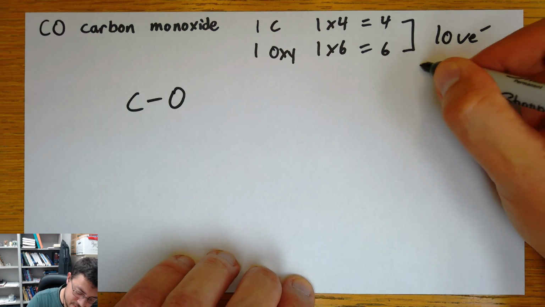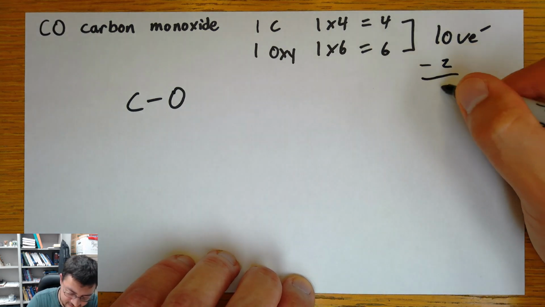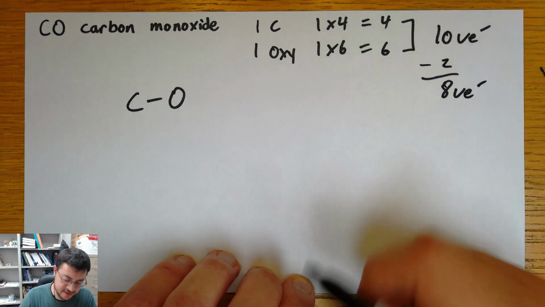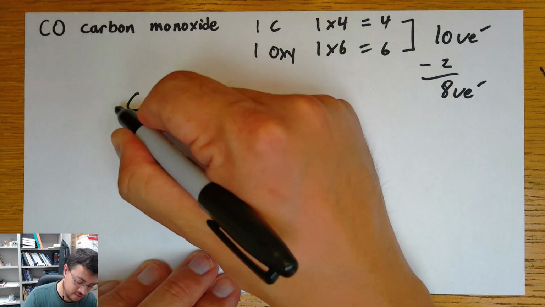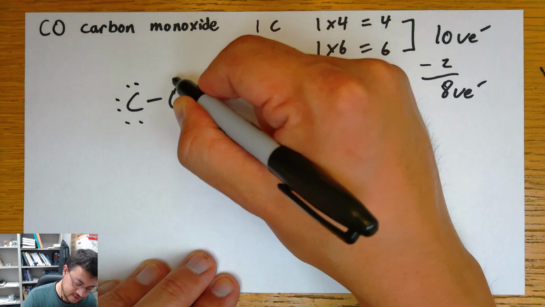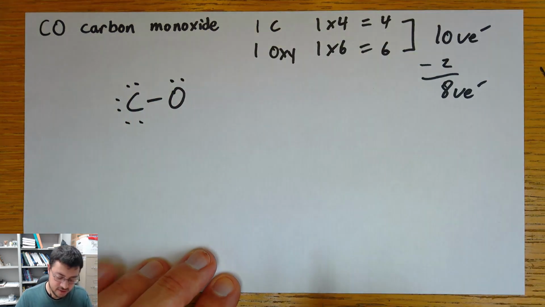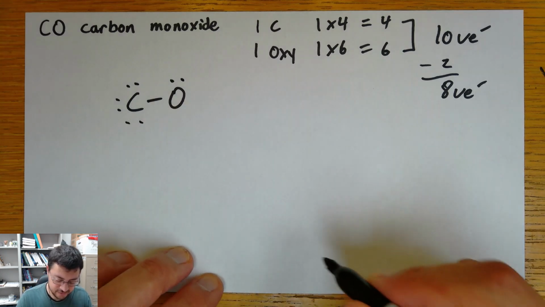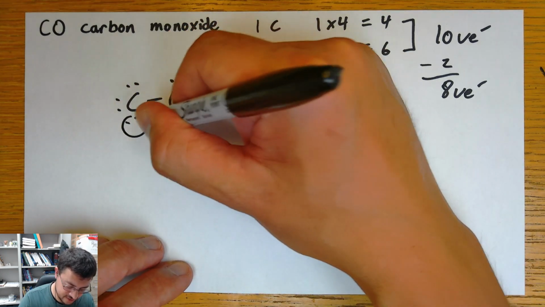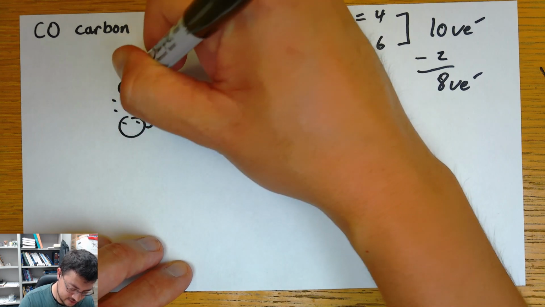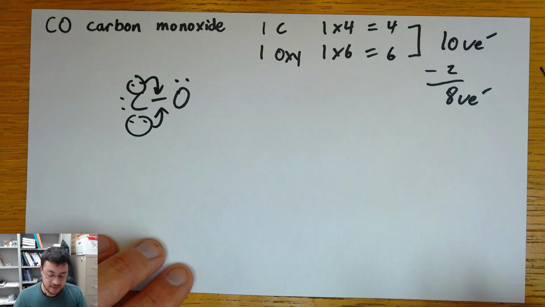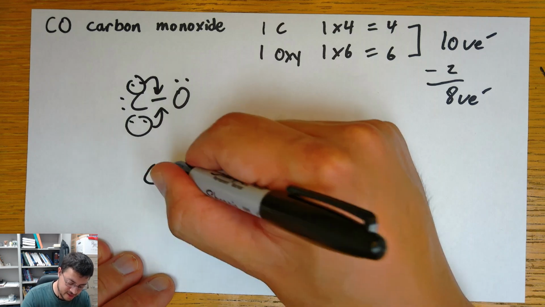I've spent 1 bond, so I've spent 2 electrons. I have 8 valence electrons left to spend. 1, 2, 3, 4, 5, 6, 7, 8. Oxygen's still hungry for 4 more actually, so we're gonna have to do this twice. We're gonna get a triple bond.